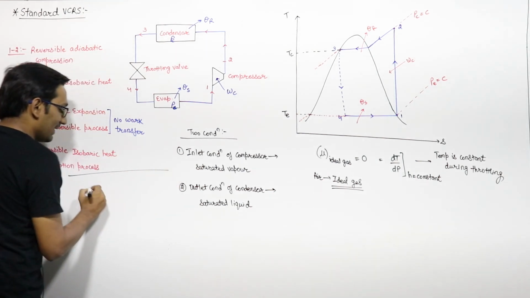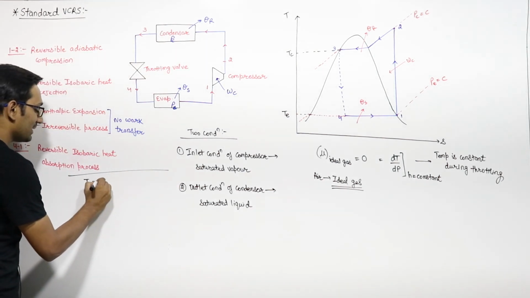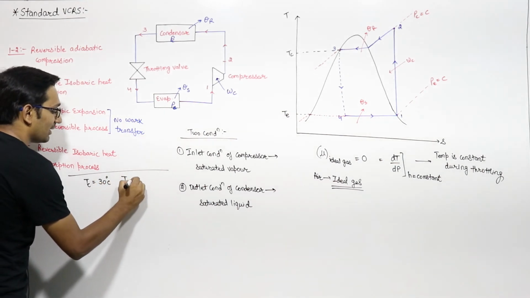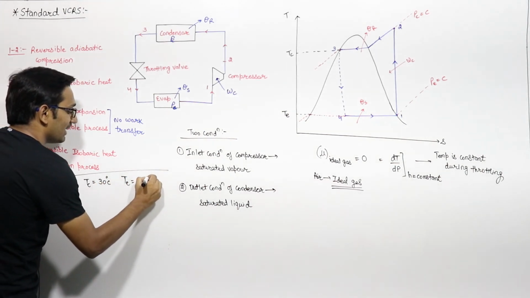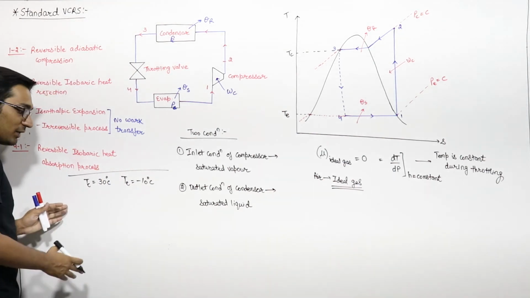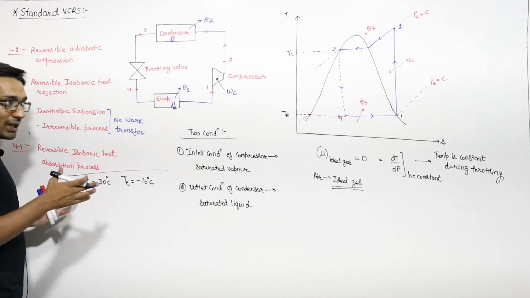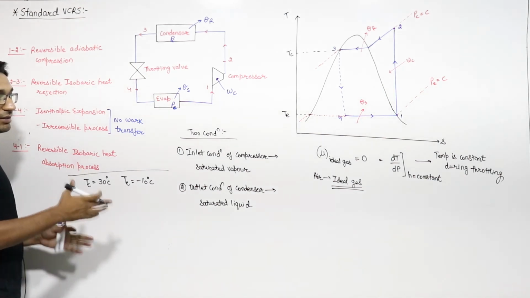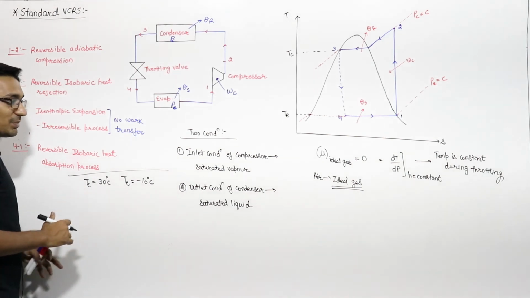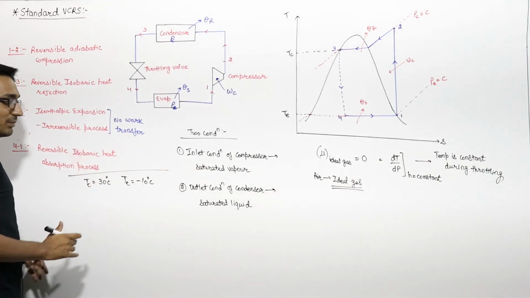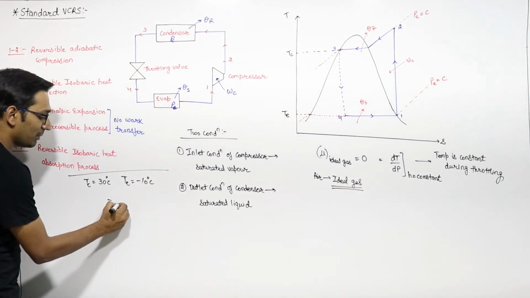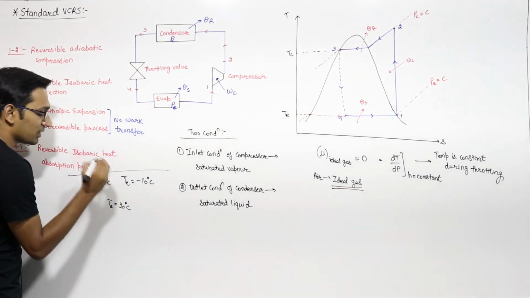Let us say that the condenser temperature is 30 degrees Celsius and the evaporator temperature is, let us say, minus 10 degrees Celsius. This we want. But if you use the throttling device in that reversed Brayton cycle, at the end of the throttling process, the temperature at the inlet of the evaporator will be 30 degrees Celsius. It will not change.